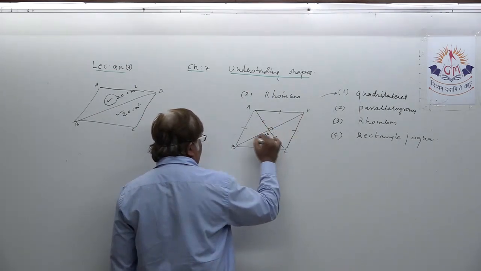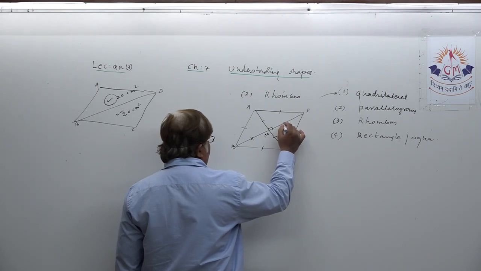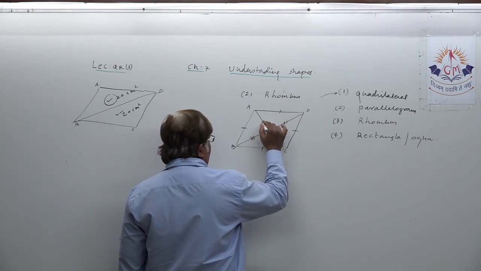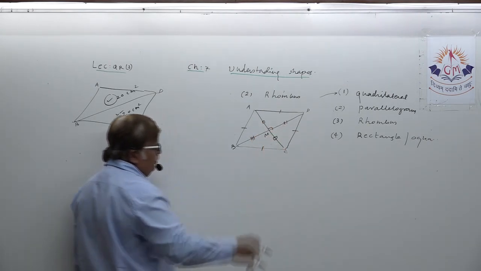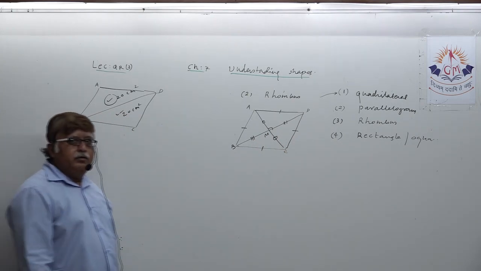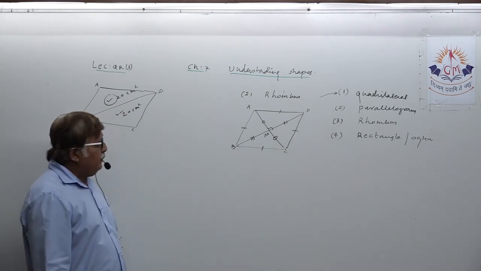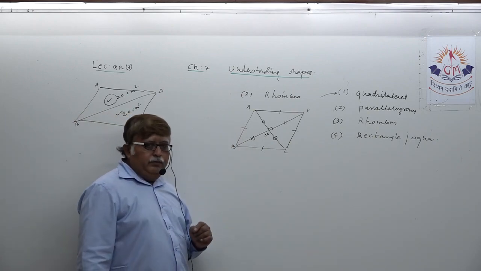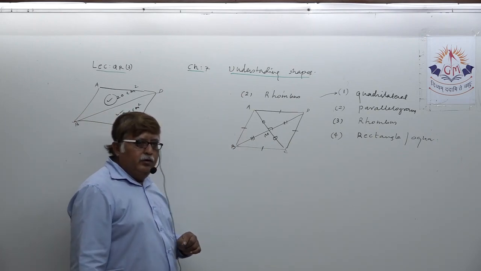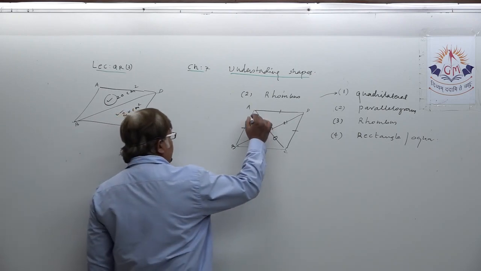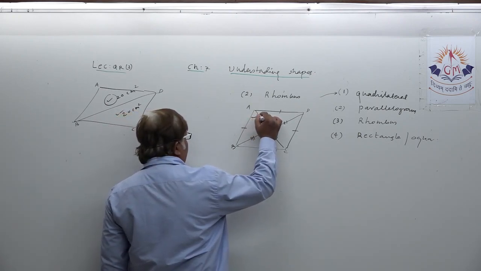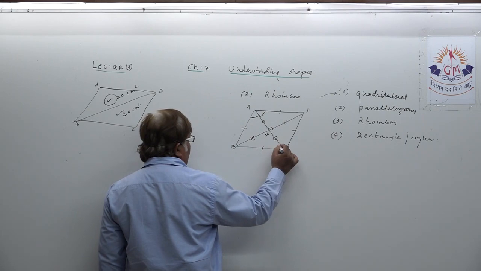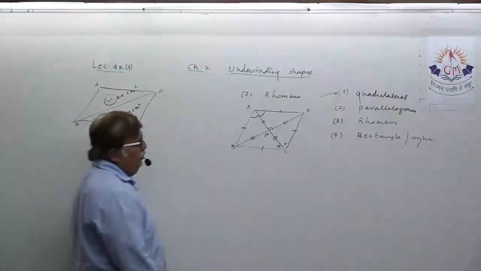As you all know, we have also utilized this property somewhere in drawing the construction. Not only that, one very important thing, every diagonal of a rhombus also bisects the opposite angles. A very important thing. Bisects the opposite angles. Okay.